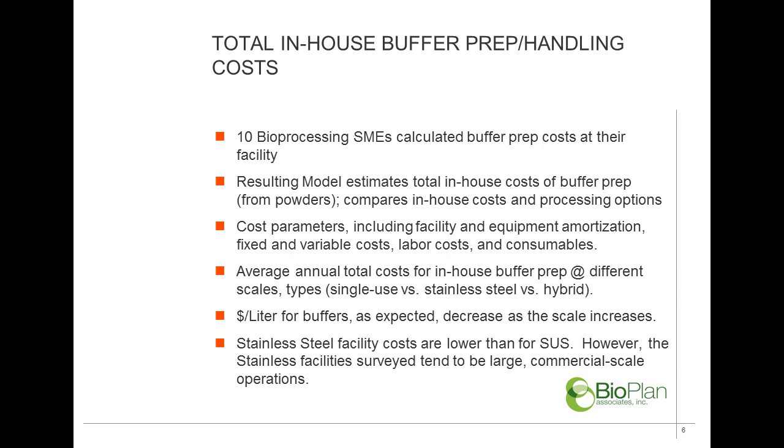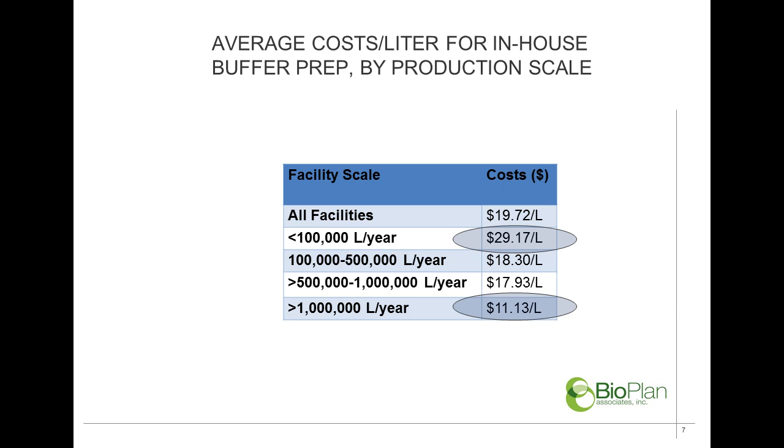So for a given scale, we can identify what a typical cost per liter for buffer production ought to look like for a particular type of facility. Stainless steel facility costs are, as you can imagine, lower than for single use. However, the stainless steel facilities surveyed tend to be larger. They were commercial scale operations, and we needed to take those into account.